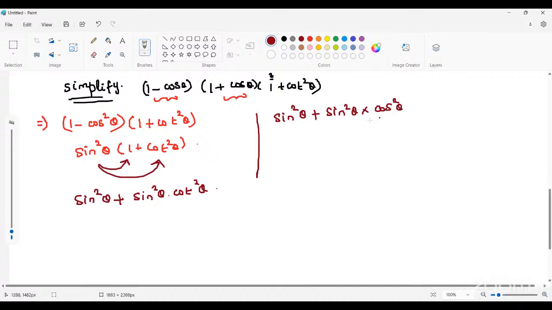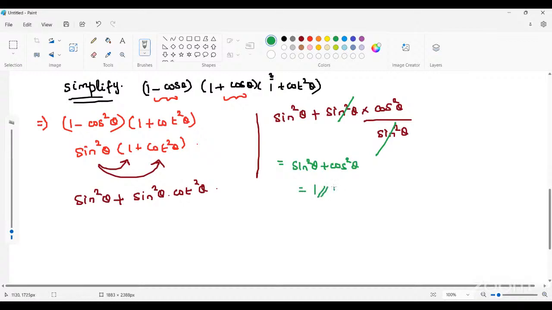So it is cos square theta by sine square theta. So we can cancel sine square theta, sine square theta. Finally, you will end up with sine square theta plus cos square theta, which is 1.